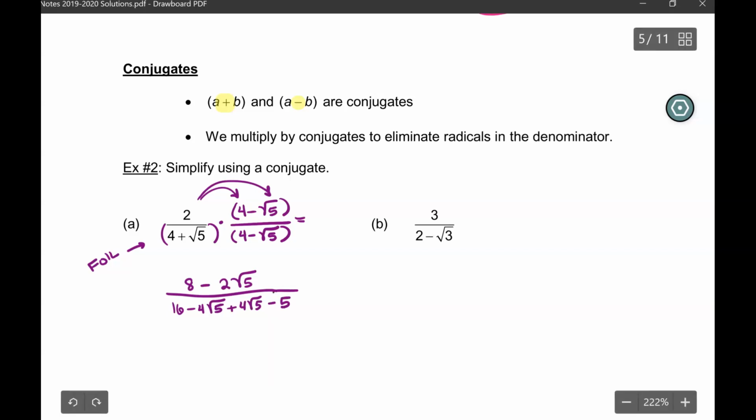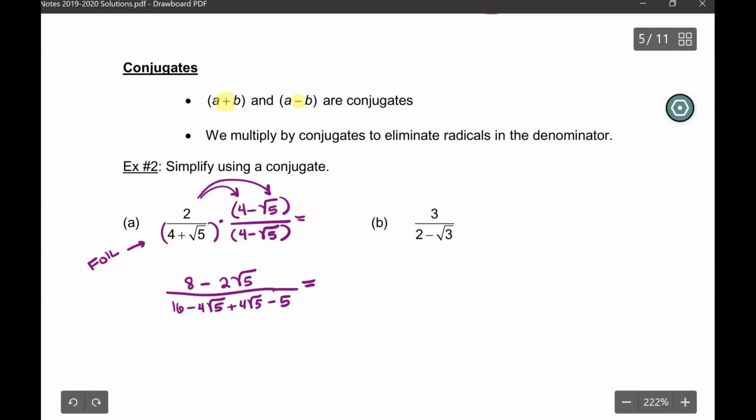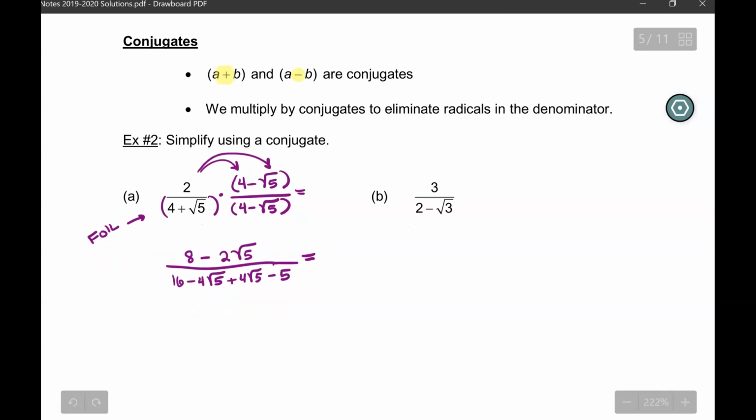So that would be minus square root of 25, which would just be 5. Now, what do we notice? Well, whenever these are conjugates, and you may remember doing something like this back in chapter 8, those middle terms will always go away. So really, you just need the first and the last. So I have 8 minus 2 root 5, and then 16 minus 5 in the denominator is 11. And we just leave our answer that way.